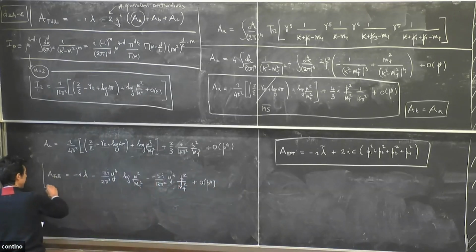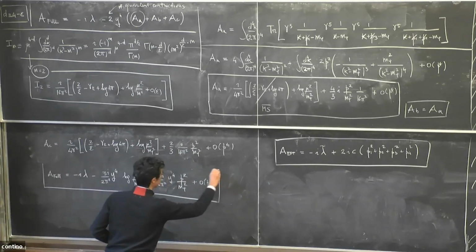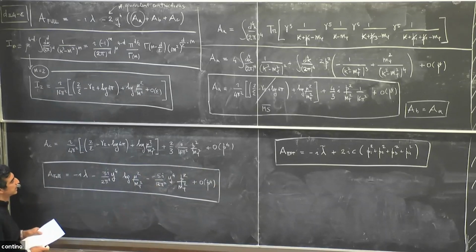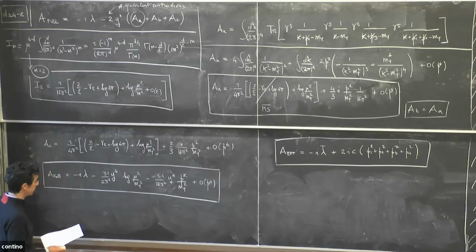Okay, so that's the final expression for the 4-point function with the choice of kinematics that we did for convenience, in the full theory after renormalization.